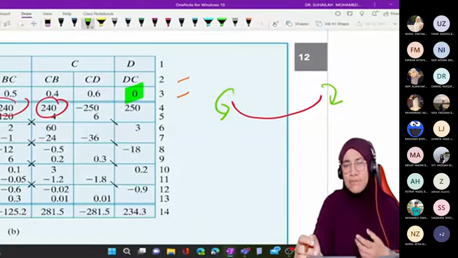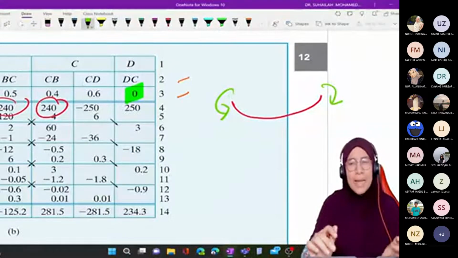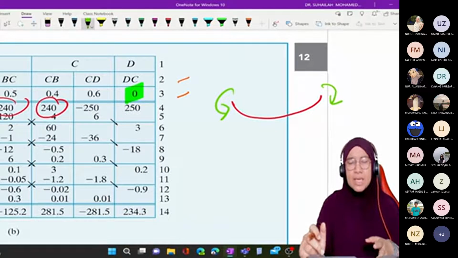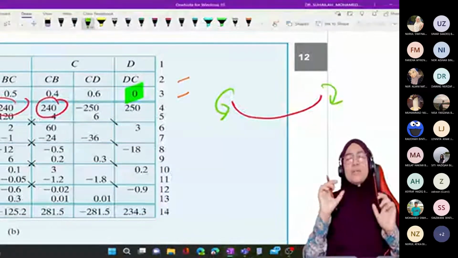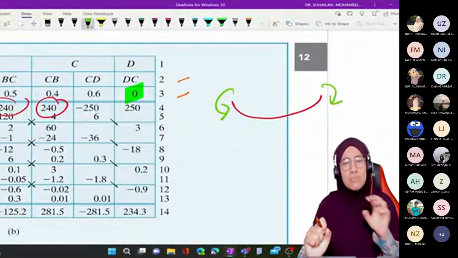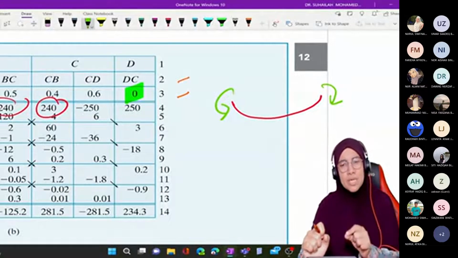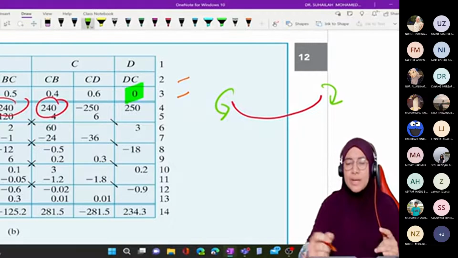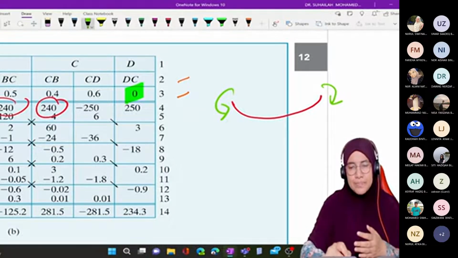The fixed end moment we apply at both ends, in this case B and C, in this direction, to push back point B and point C so that the beam moves back to its original position. That is why the direction is like this.